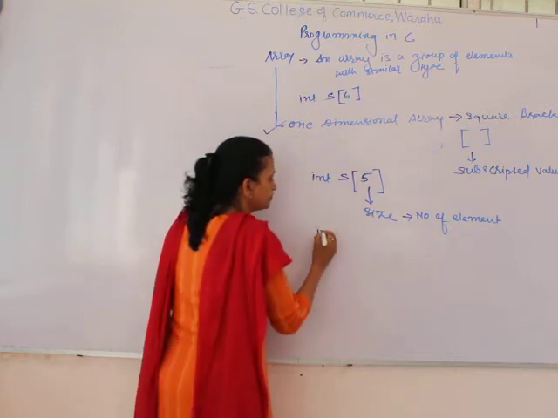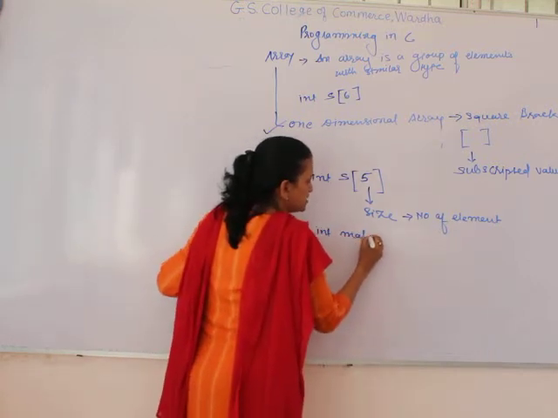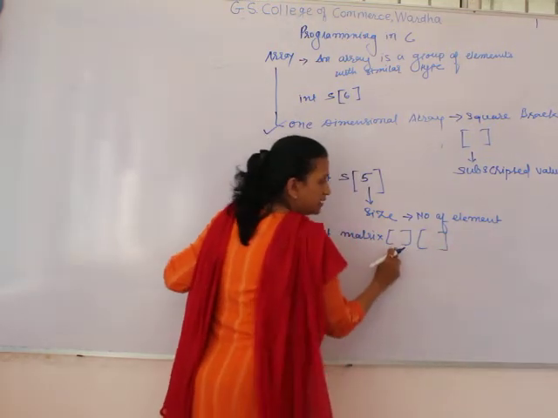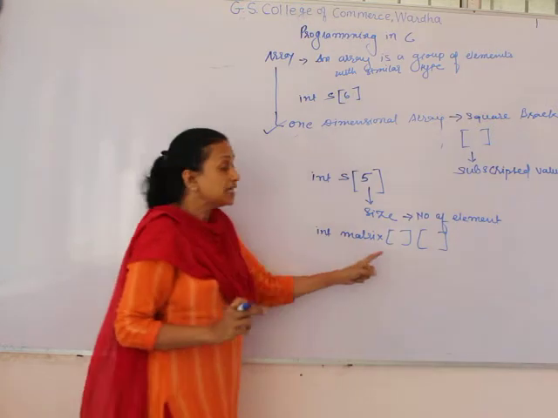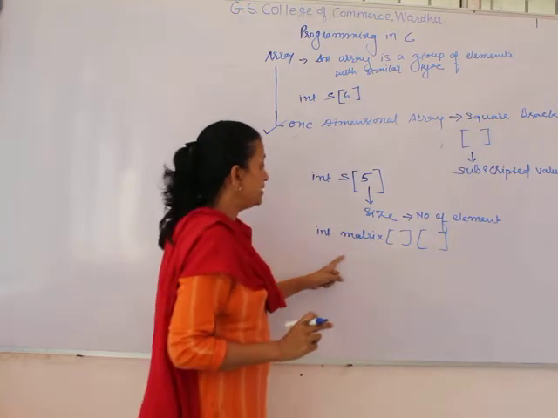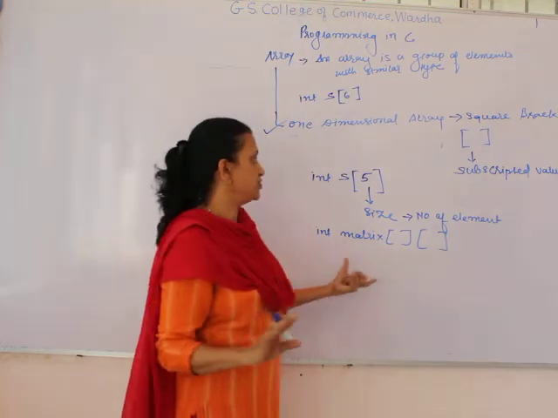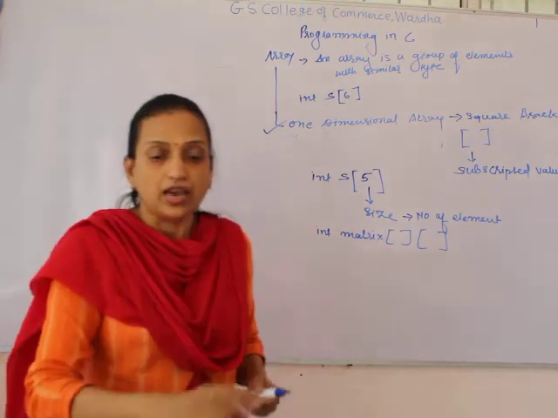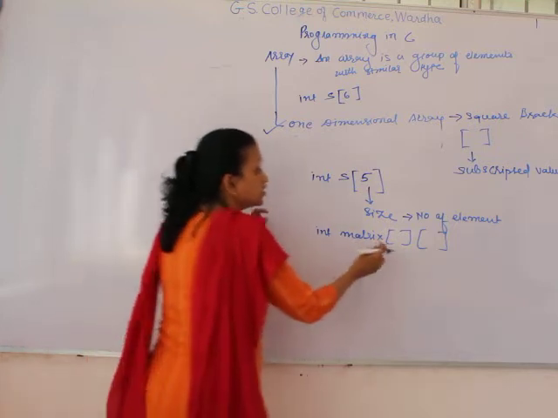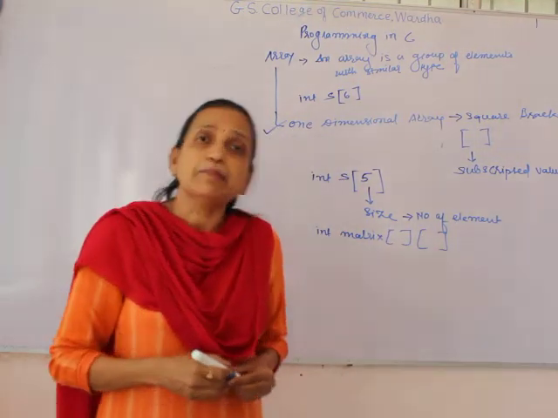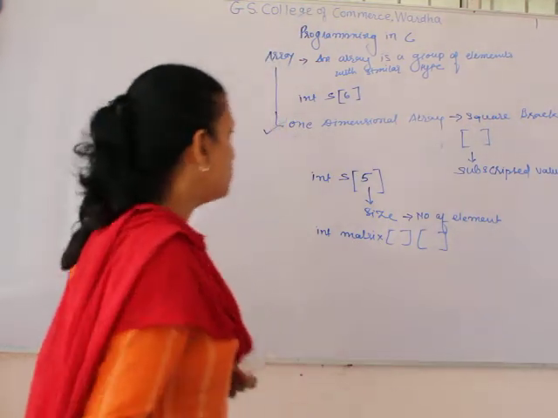If you declare a matrix, with a double subscripted value, meaning double square bracket, that is a two-dimensional array. And when you use this square bracket n number of times, it is known as a multi-dimensional array. I hope you understand this.